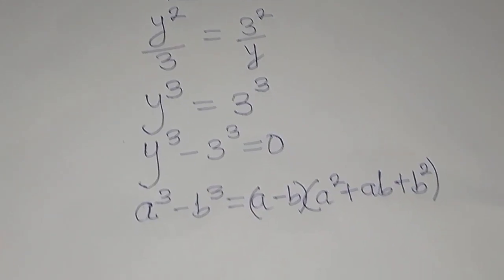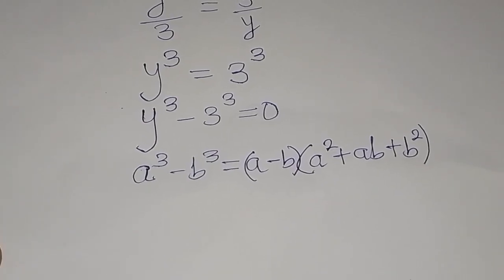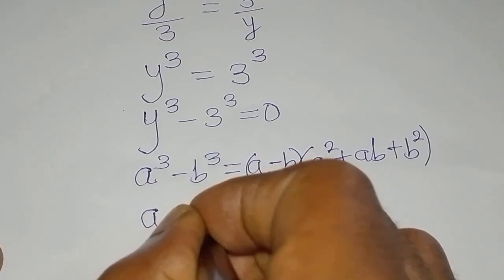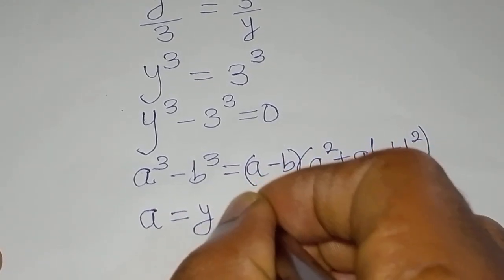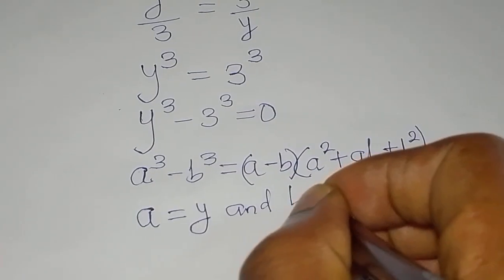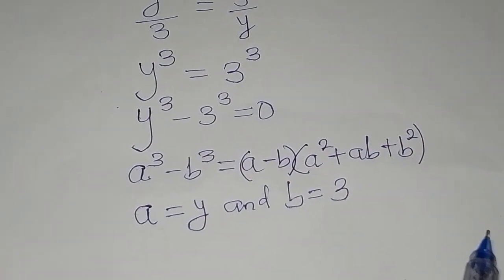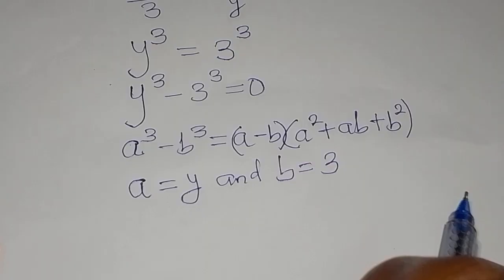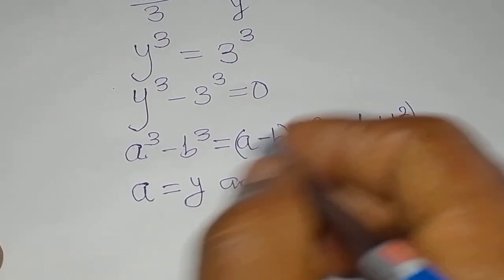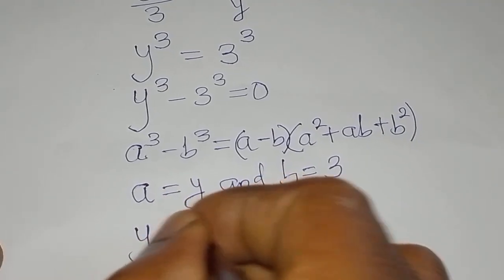So from here now, we are going to put in the values of a and b. Our a from the equation is y, and our b from the equation is 3. So let's put them into this problem right away, as we have our a minus b to be y minus 3.